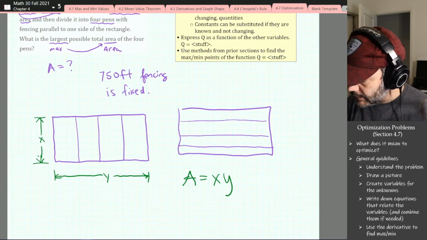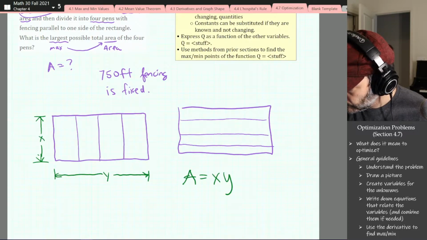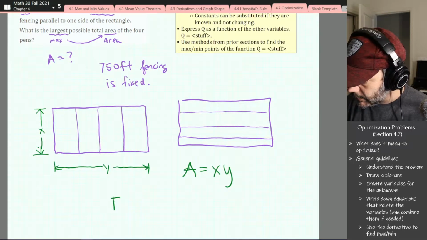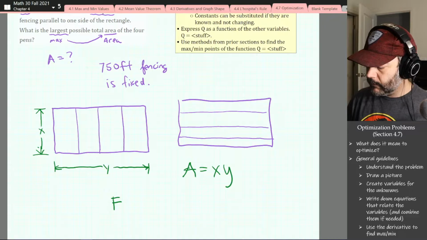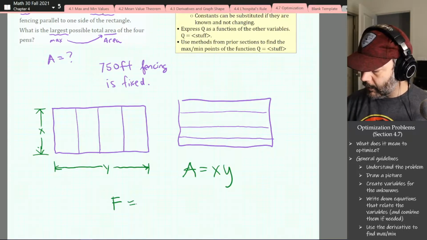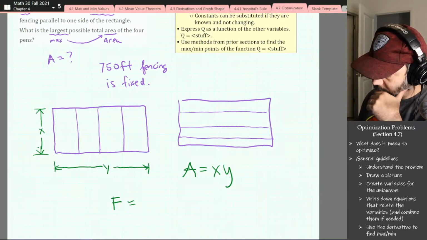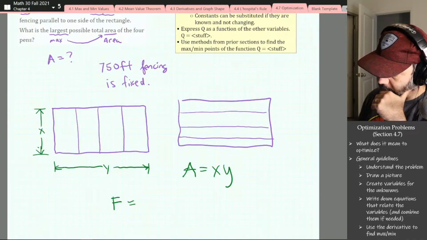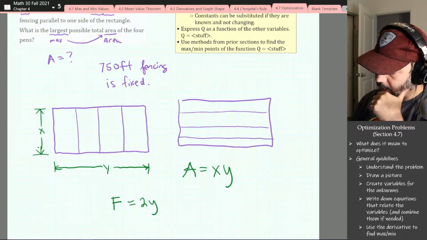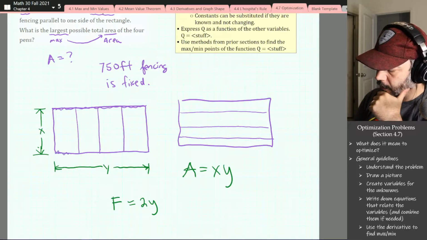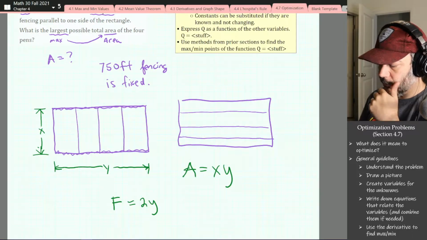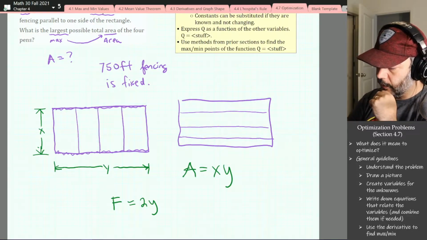And the fencing would be the total. I'm going to put F for total length of the fence. The total length of the fence would be 2y, because we've got this whole length of fence, that's y. This whole length of fence, that's another y. So that's 2y.